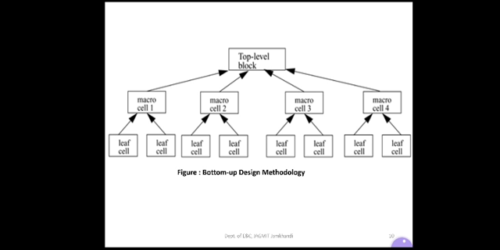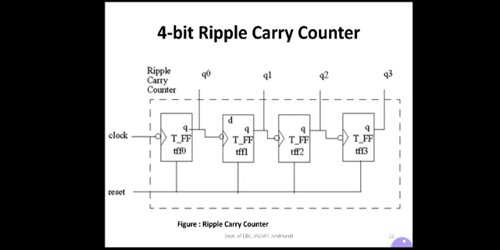So this is the bottom up design methodology, in which from the leaf cells or basic building blocks, we keep on building bigger blocks, going on until we reach the top level block.